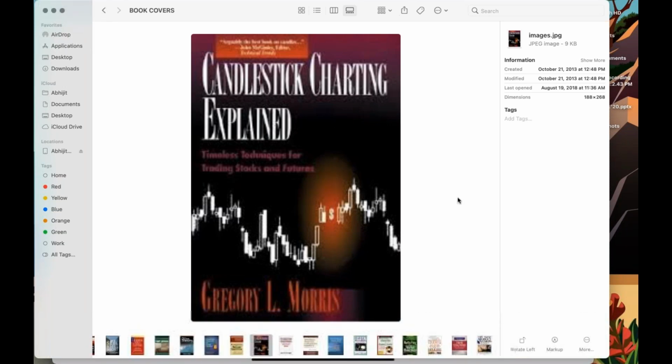Okay. Now, candlesticks are something which is widely used. Let's understand this. It is also not very difficult to understand.